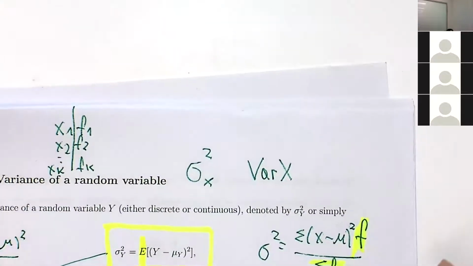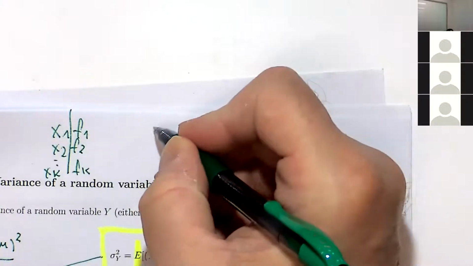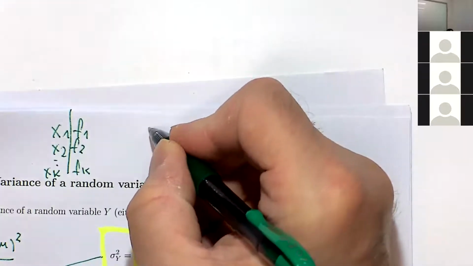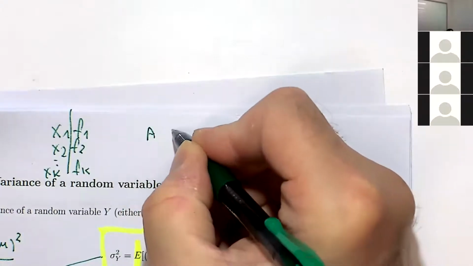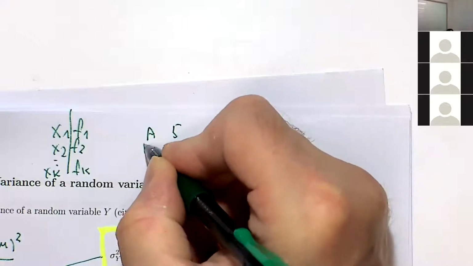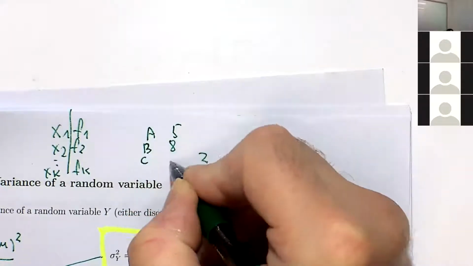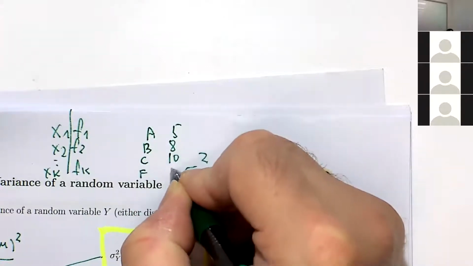For example, I'll give you one example. Let's say that in some STAT 200 class, with grade A we have 5 students, B, 8 students, C, 10 students, and so on, F, 2 students.